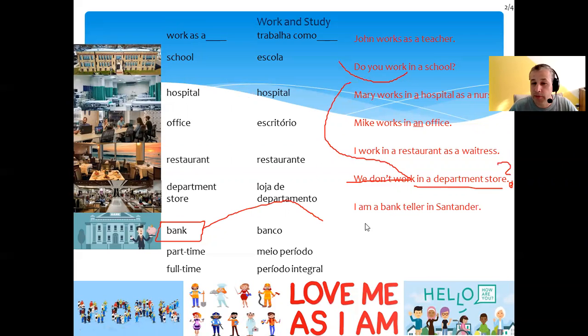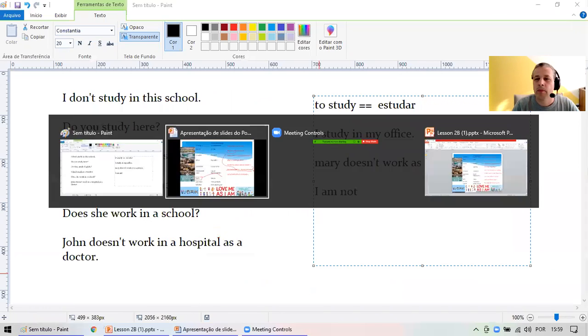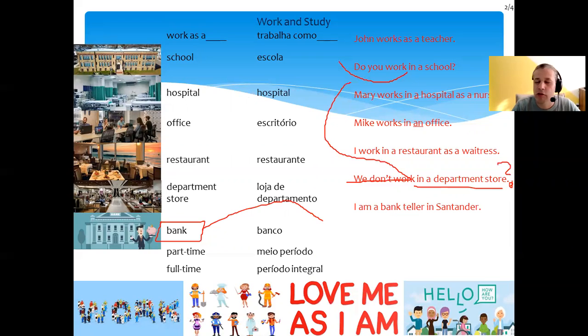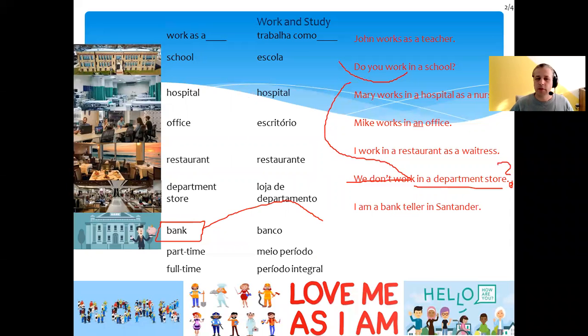And just to remember, eu sou, I am. Eu não sou. I am not. How can you say, eu não sou um caixa de banco? I'm not a bank teller. Yes. Okay.